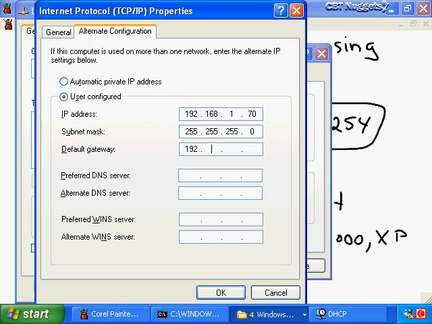Let's type in our default gateway, 192.168.1.1, and if we have a DNS server, put in that information as well. And if we have a WINS server, we'd type in that information as well to allow for our host and NetBIOS name resolution. And we'll click on OK.